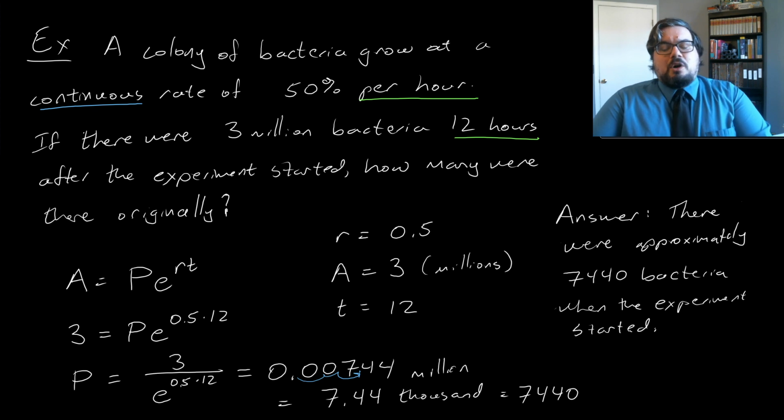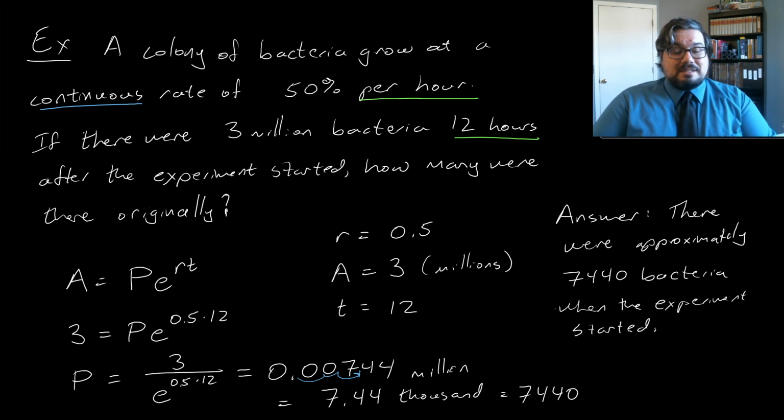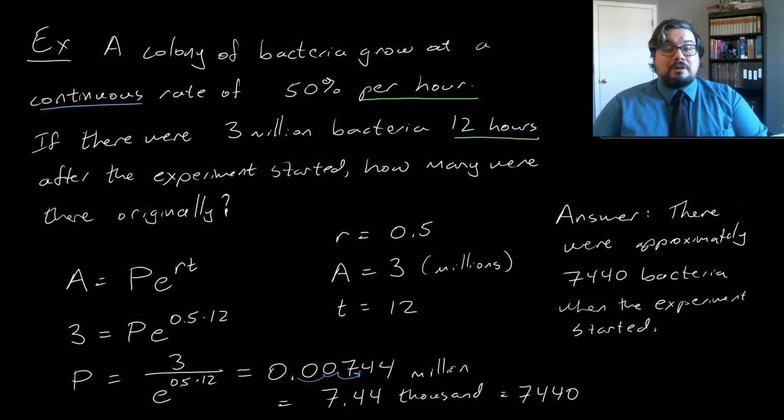Now, problems like this will always indicate how many decimal places to round to or where to round things to. I am probably rounding much too narrowly here. The 3 million bacteria is probably not very precise. It would probably be anywhere between 2.9 and 3.1, something like this.